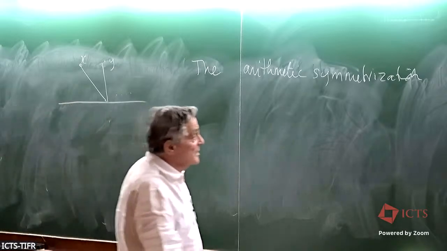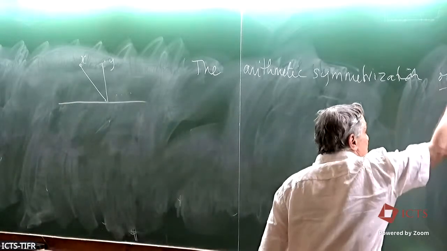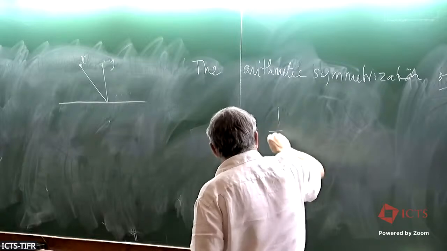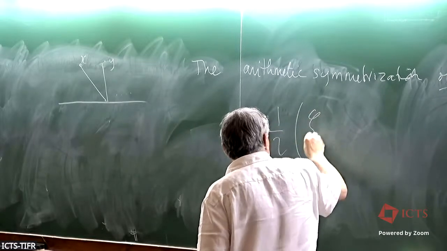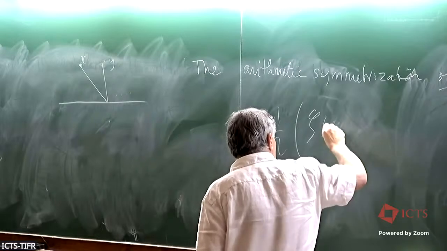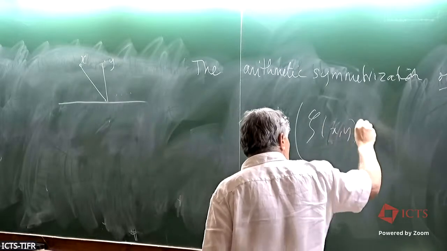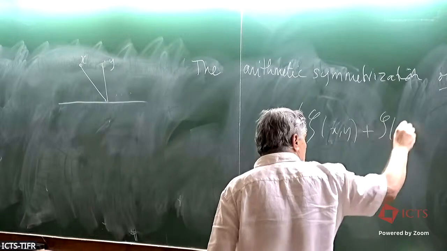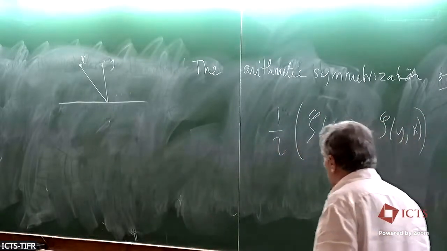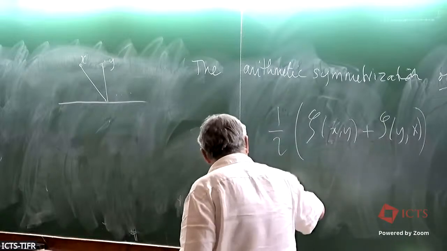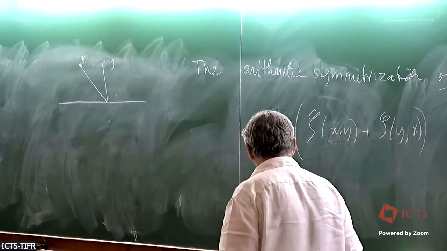Arithmetic symmetrization of zeta, that is 1/2 zeta of xy plus zeta of yx, is the hyperbolic metric.